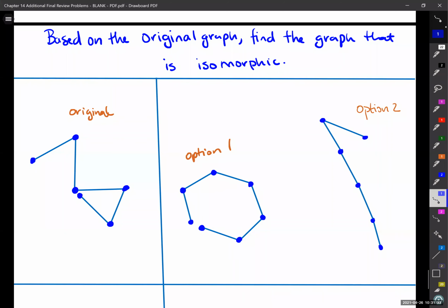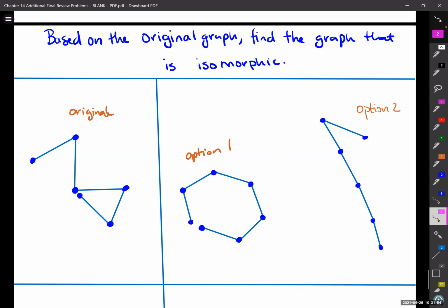Now here I'd encourage us to pay attention to the details. Even though these vertices are close together, do we see they're not connected? So this is not a cycle. If I wanted to, I could imagine grabbing this vertex and just pulling it away, right? The key thing to focus on is the first thing we check is, before we get into the details, let's just make sure that they fit the basic requirements.